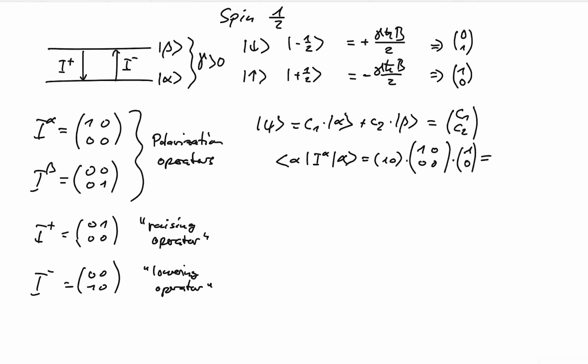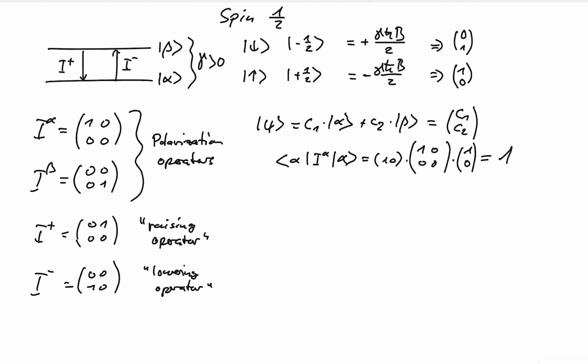This is 1. So if we have a pure alpha state and we apply the I alpha operator, polarization operator, we get the result 1. That means, yes, the alpha state is populated.